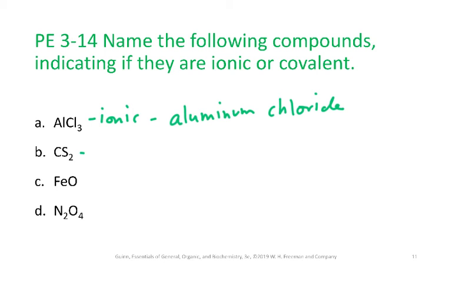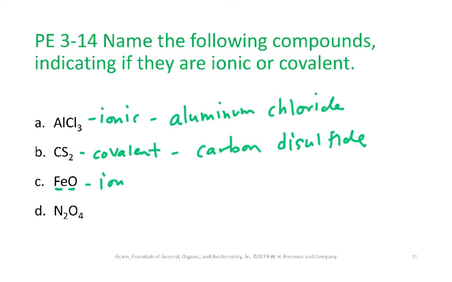Okay, CS2, carbon and sulfur are both nonmetals, so this would be a covalent molecule. And then the name would be carbon disulfide. Okay, FeO, a metal and a nonmetal, so that is ionic.